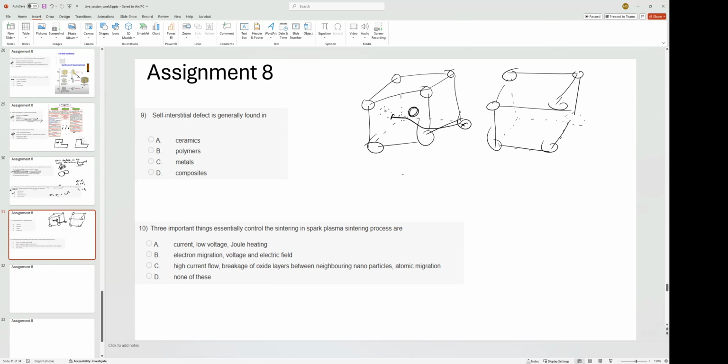This is missing. This atom has moved from here to here. This is a self-interstitial defect, where one of the atoms moves to an interstitial site from the lattice point. And this is mostly common in metals because all of them have the same size and it's easier for them to go into interstitial sites.